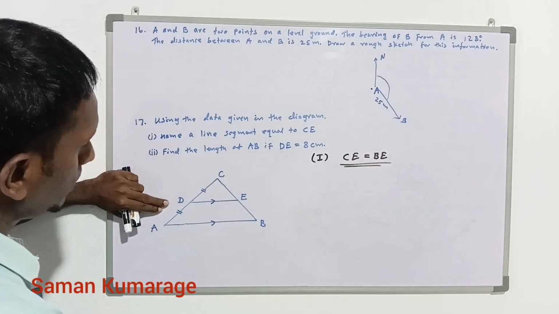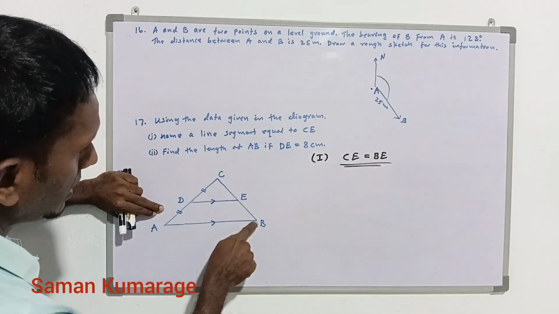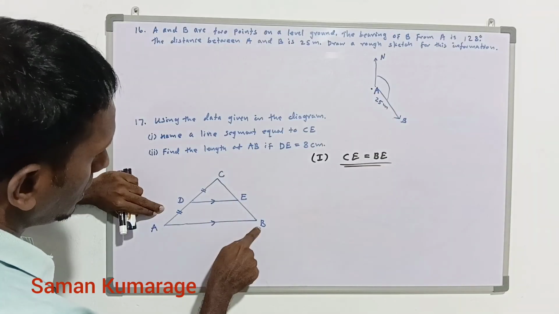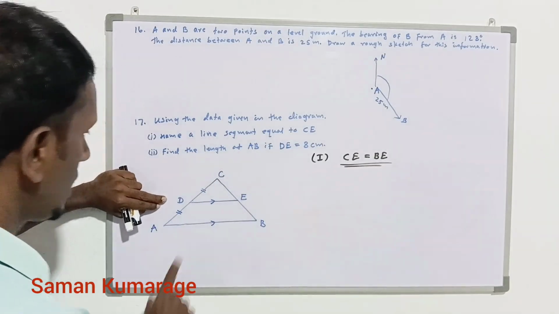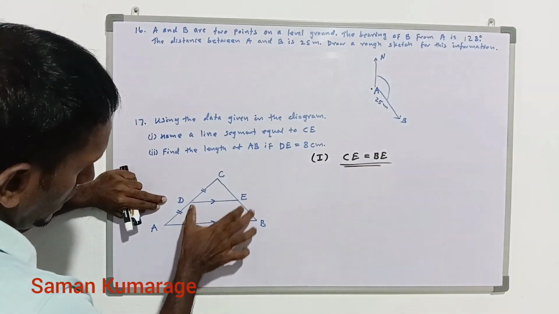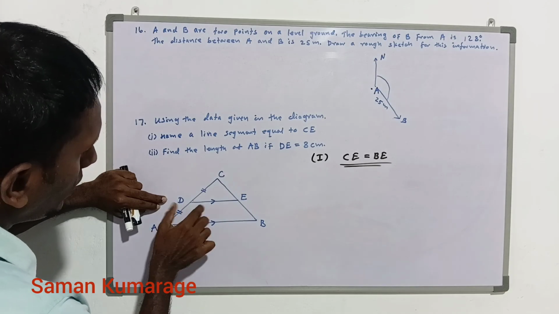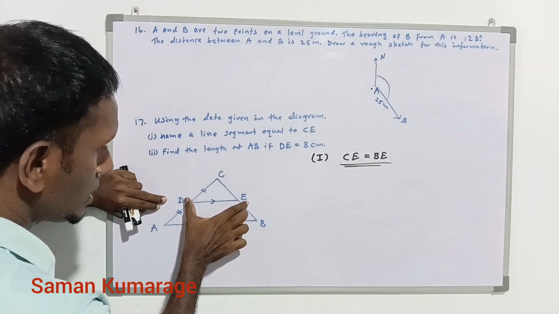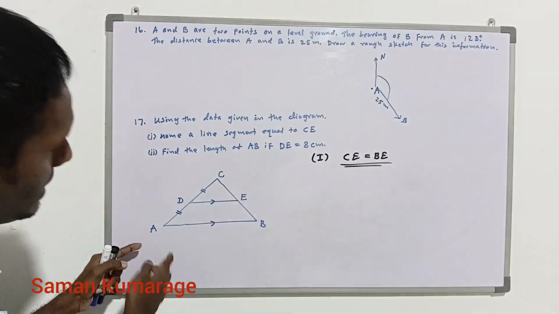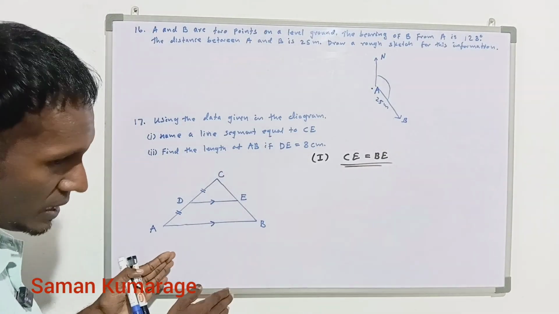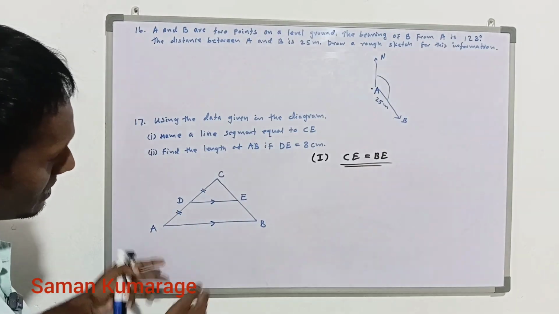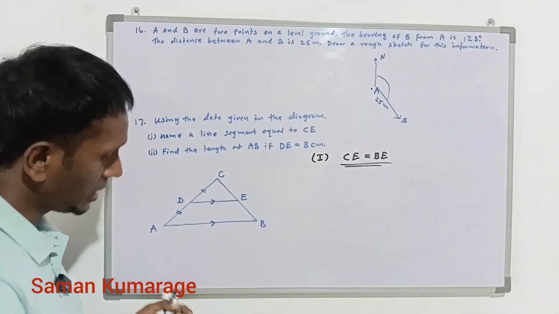D and E are the midpoints of AC and BC respectively. So according to the midpoint theorem, a line drawn joining the midpoints of two sides of a triangle is parallel to the remaining side and its length is half of the remaining side.